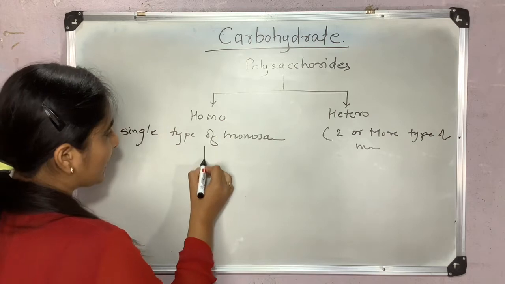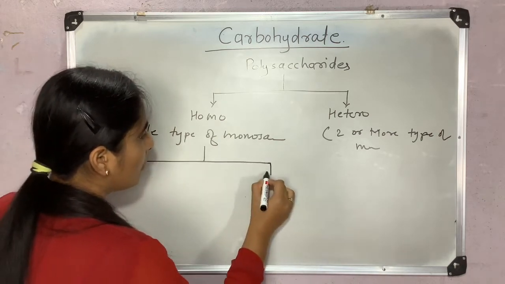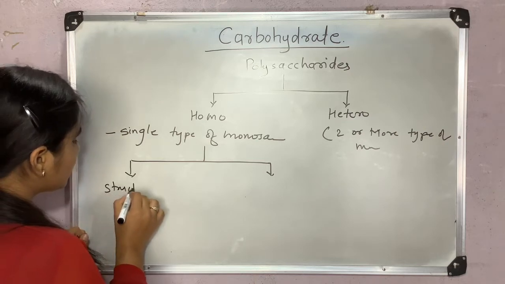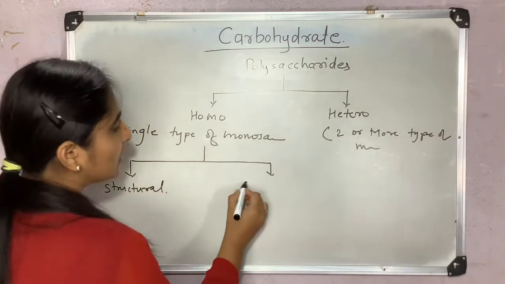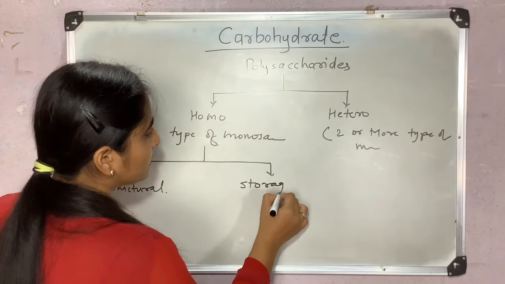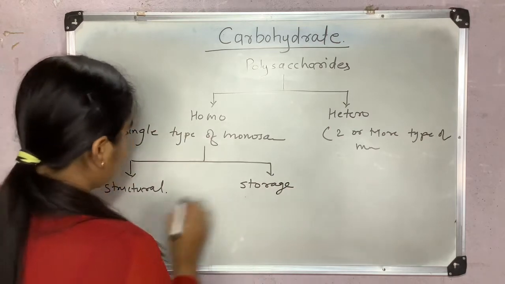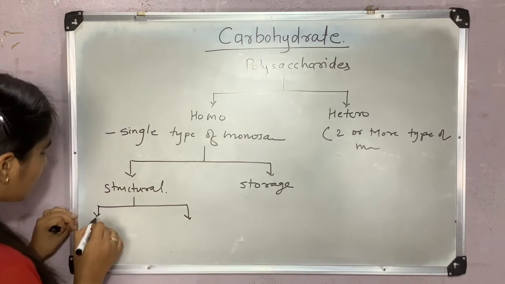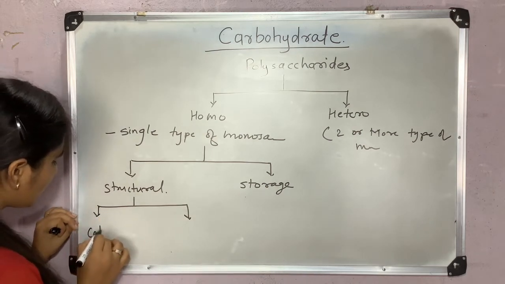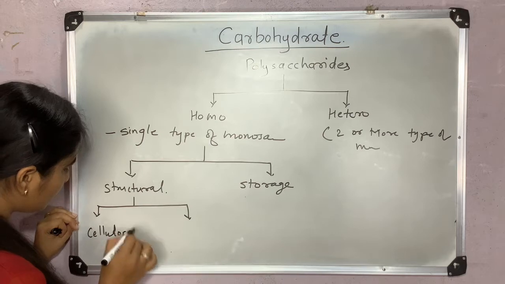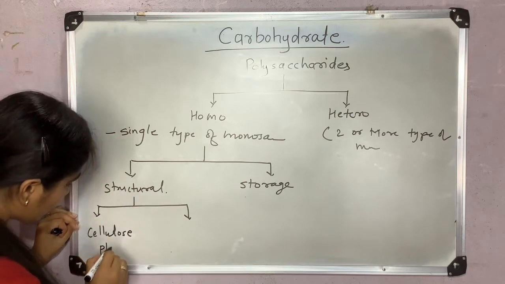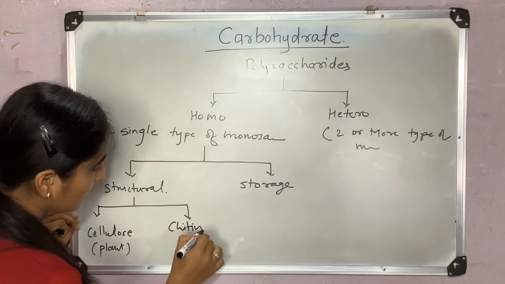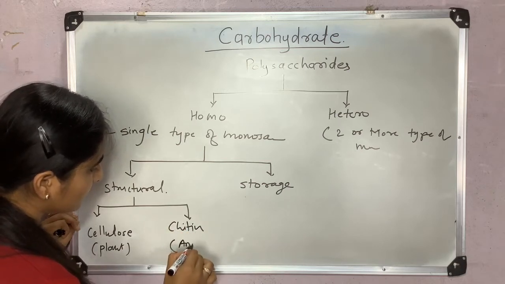Again, homopolysaccharides are divided into two parts. First is structural polysaccharides and another one is storage polysaccharides. Structural polysaccharide is cellulose in plants and chitin in animals.